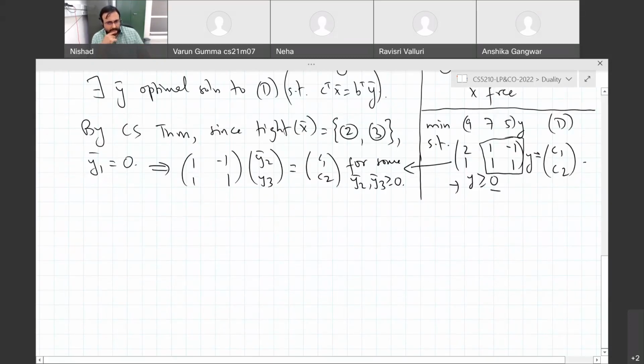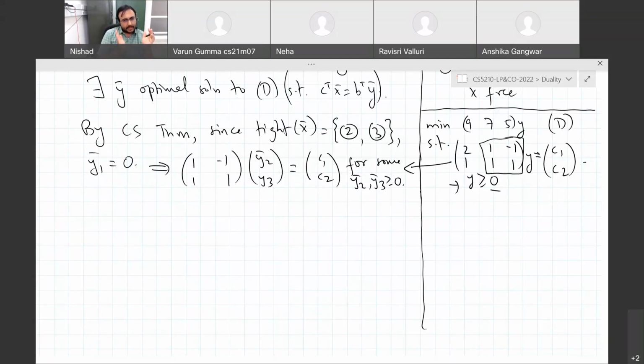So what does this mean? I want you to think about it in a slightly different way in case you aren't used to it. We are multiplying a matrix by a vector on the right hand side. Right? That just means that we are taking a linear combination of the columns to get C1, C2.